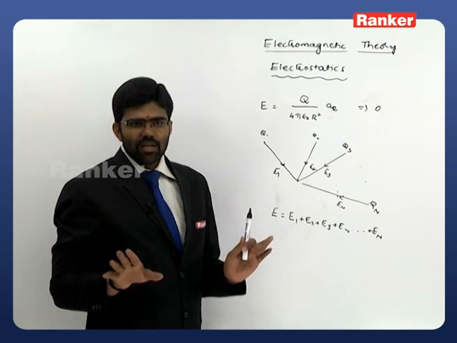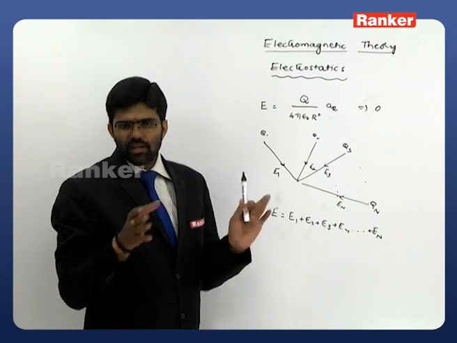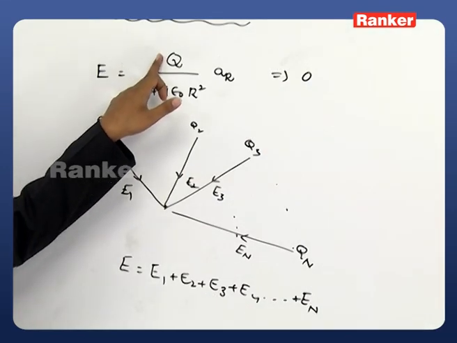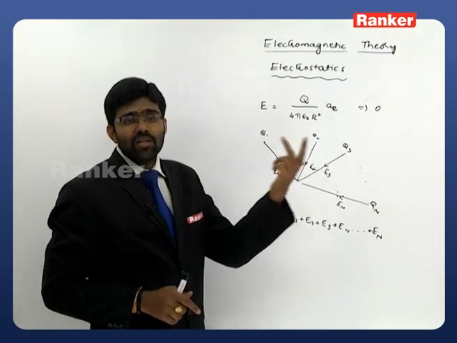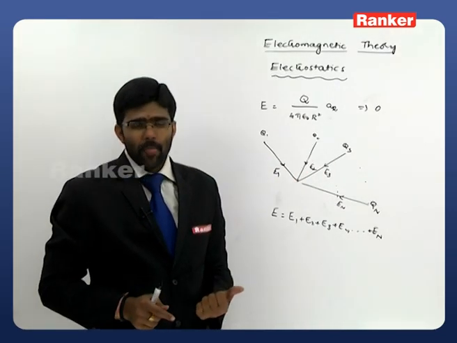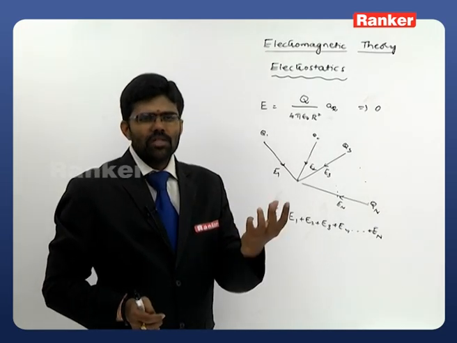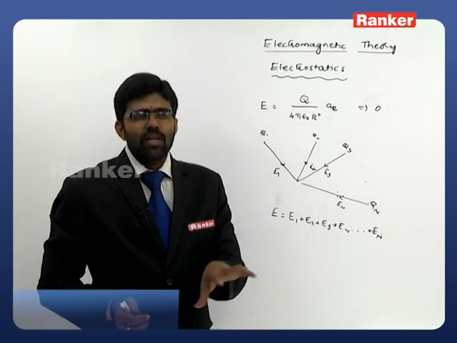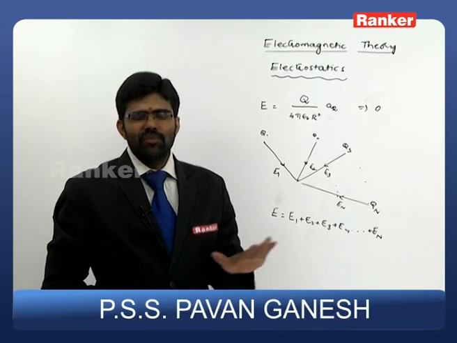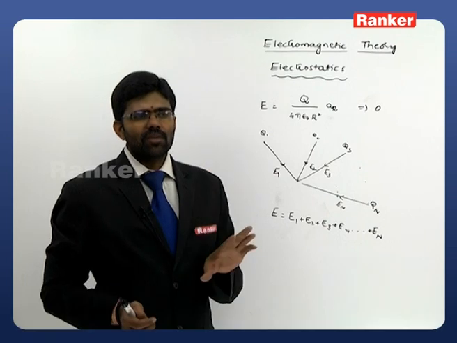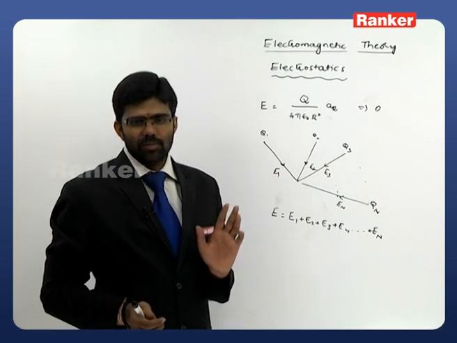If the charge is there, whatever the type of that charge, for an example and for analysis purpose till now, we are using a point charge. But if you have a line charge, definitely some electric field intensity will exist. If you have a surface charge, electric field intensity will exist. If you have a volume charge, the electric field intensity will exist. If there is no charge, no electric field intensity will exist. We need to remember that point.